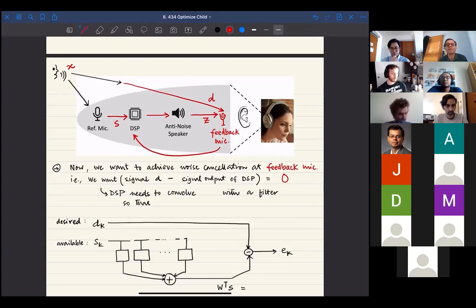Okay? So filter means what? I'm going to multiply every value of that signal sample with some weights.